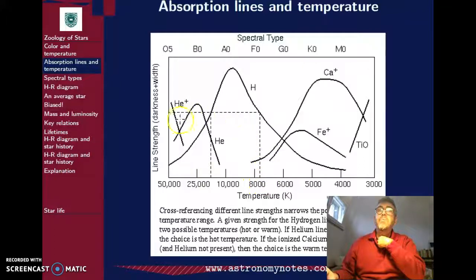And we see that for both we would have the same hydrogen line, but in this case we would see also a helium line. In this case we would see a calcium line. So this is just a further way we have to obtain the temperature just by looking at the lines in the absorption spectra.